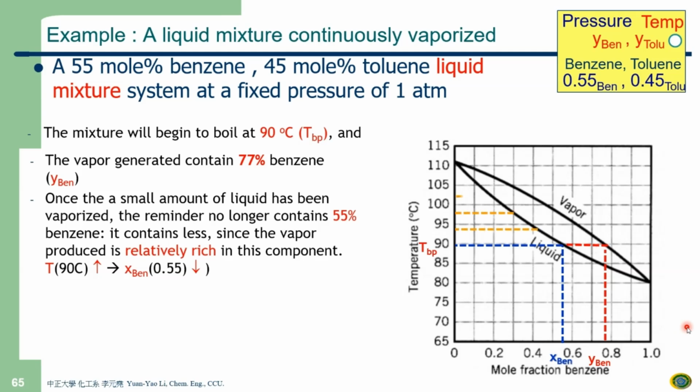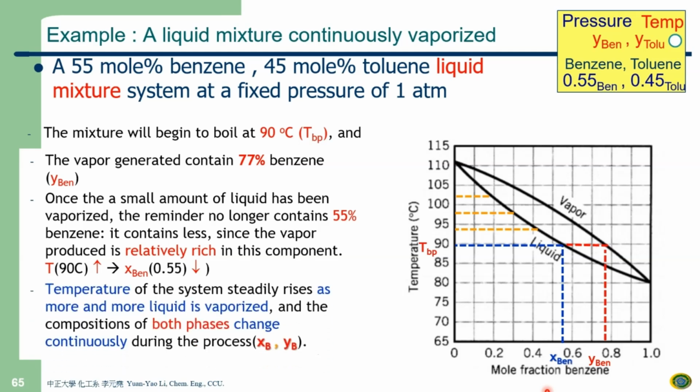If we increase the temperature, the composition keeps on decreasing. So you know the relationship between the temperature and the composition of benzene. The temperature of the system steadily rises as more and more liquid is vaporized, and the compositions of both phases change continuously during the process. That's no doubt.